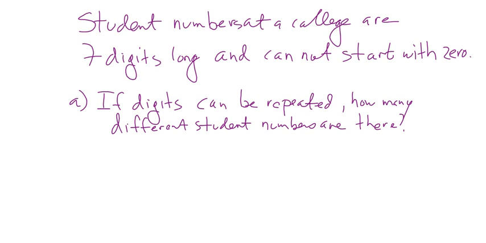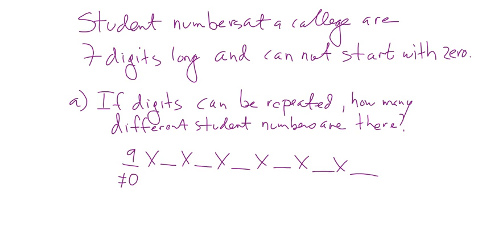How are we going to do this? If in doubt, fundamental counting principle usually works pretty good, right? How many choices do I have for the first digit? 9, right? Can't be 0. So there's a restriction, right? First digit cannot be a 0.